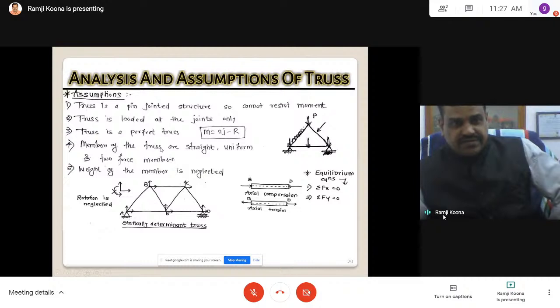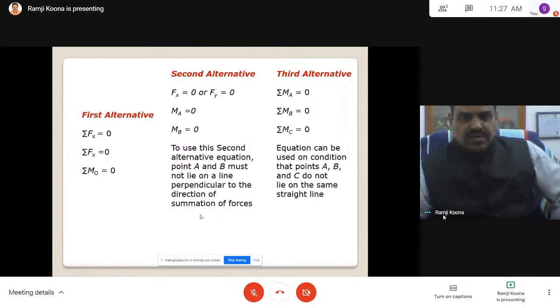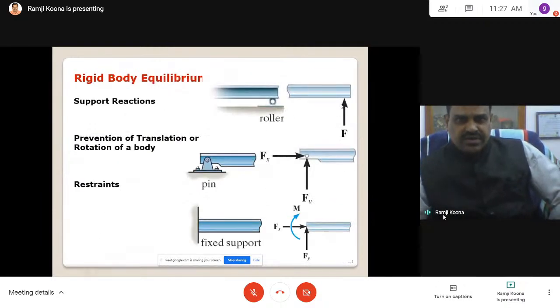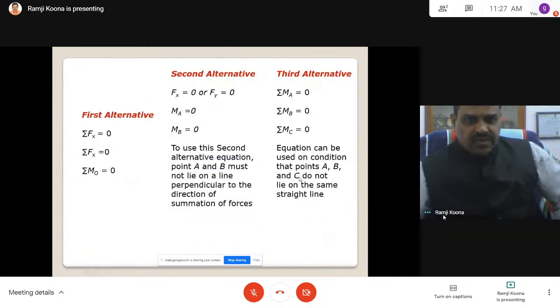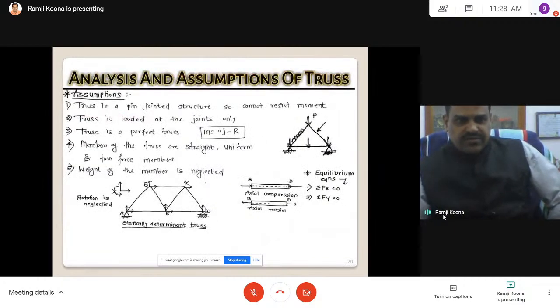Suppose you take the entire structure; why am I calling it a perfect truss? J is the number of joints, R is the reactions. Here how many reactions? A roller joint has only one vertical reaction. A hinge joint has two reactions.